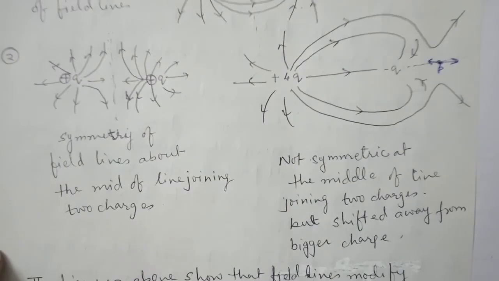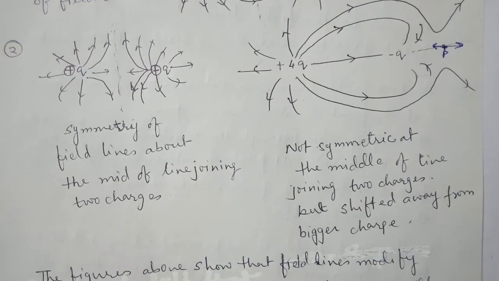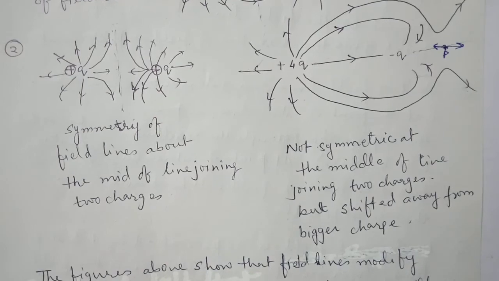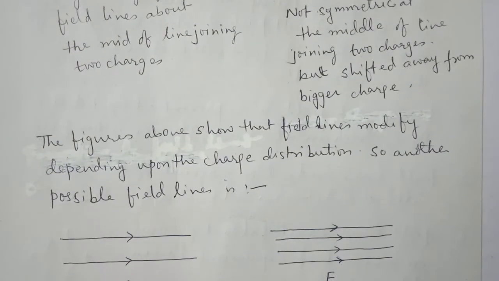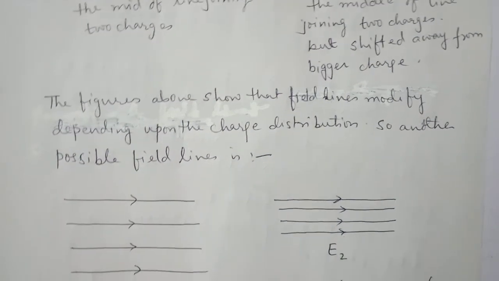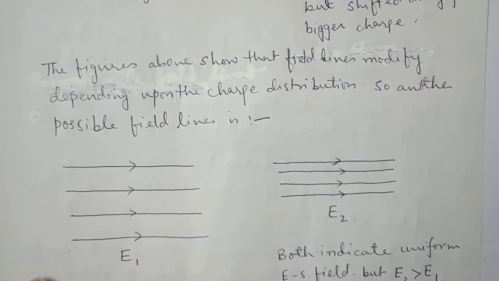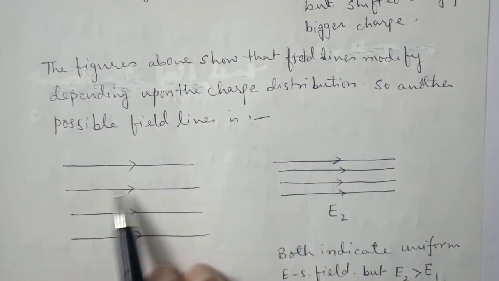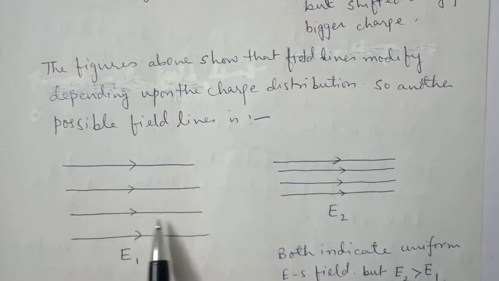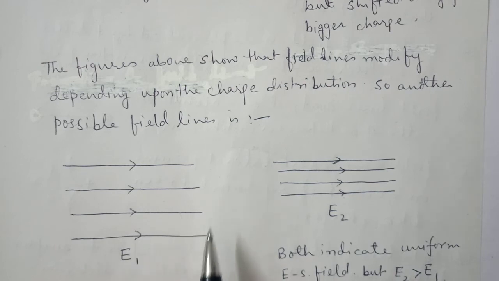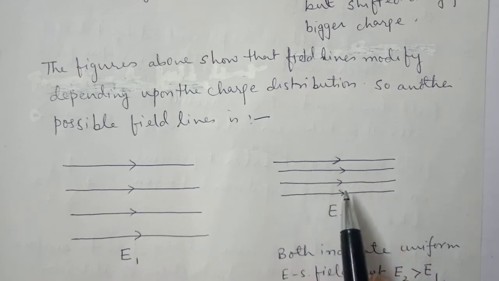In the same manner, depending upon the charge distribution, the field lines may be parallel lines like this. It is usually with the charged sheets, or it may be like this.